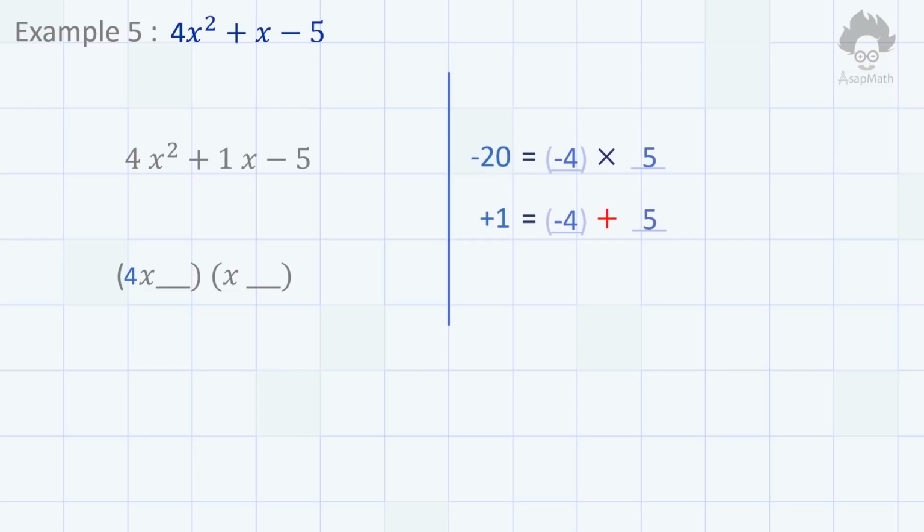Now, what we want to get is minus 4 and plus 5x terms. If we complete the second expression with minus 1, from that we can get minus 4. Now, to get plus 5, we can complete the first expression with plus 5.